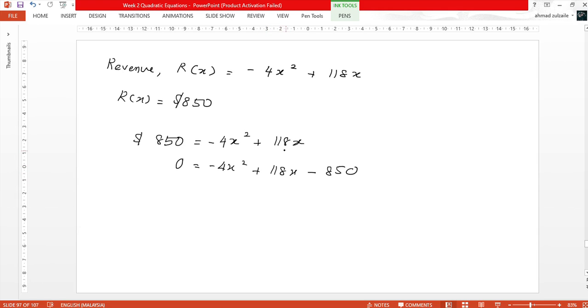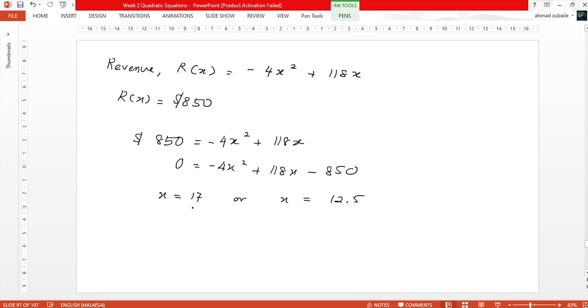To be accurate, you can use the quadratic equation formula in order to solve your x. If you press your calculator in the mode EQN, you will have x equal to 17 or x equal to 12.5, right?